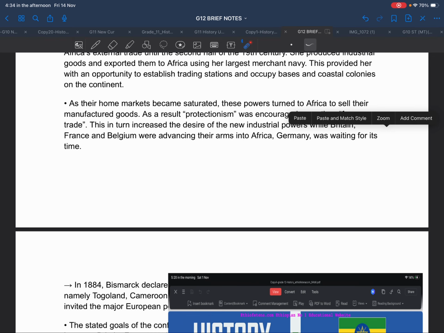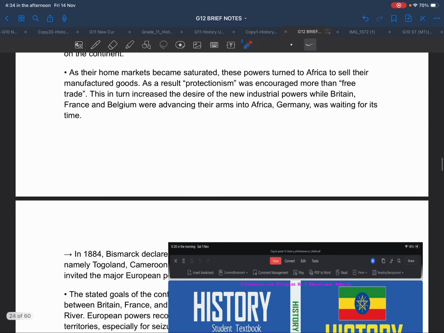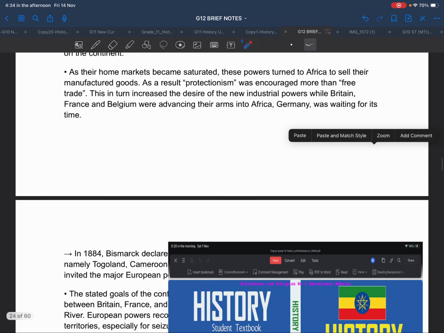So she was among the first, besides France, and even the leading great power of Europe to come to Africa with a huge amount of capital to invest in Africa. As their home markets became saturated, European markets were not enough for selling British goods.